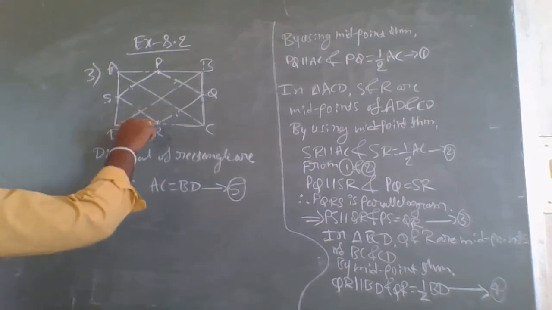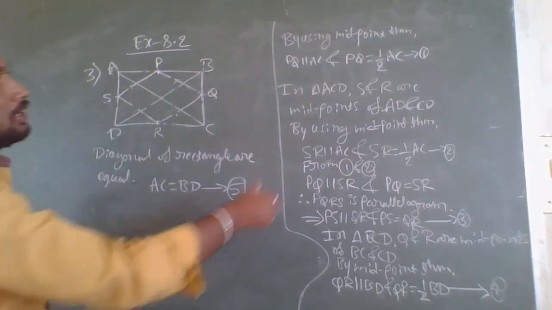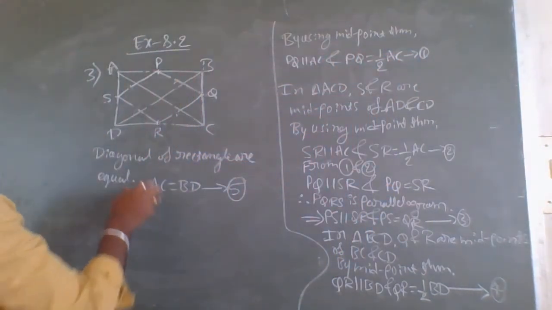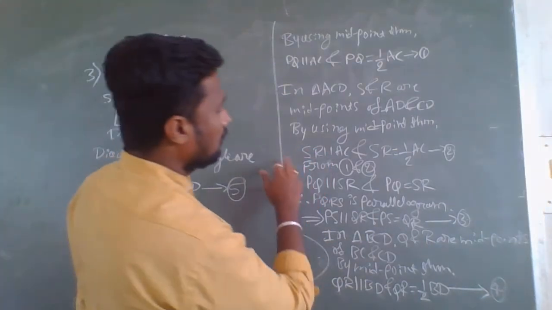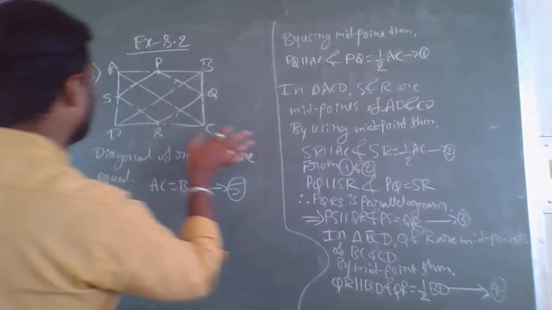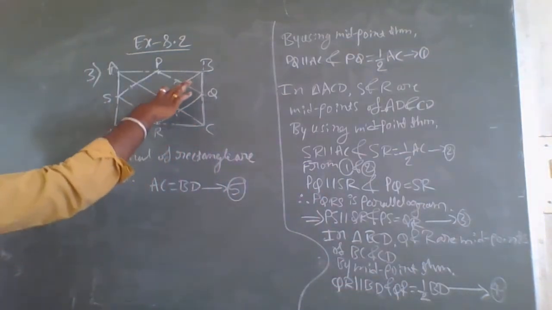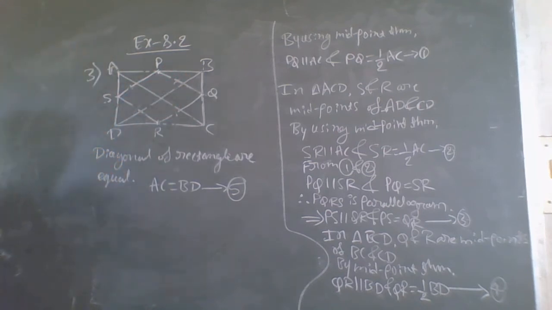Like this, PQ is half of AC and SR is half of AC. QR is half of BD, and BD and AC are equal.